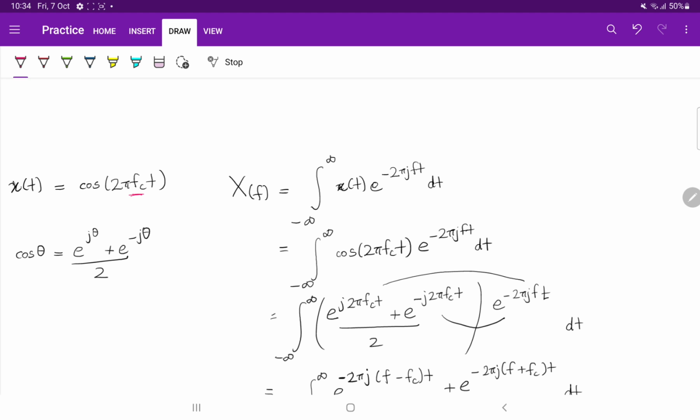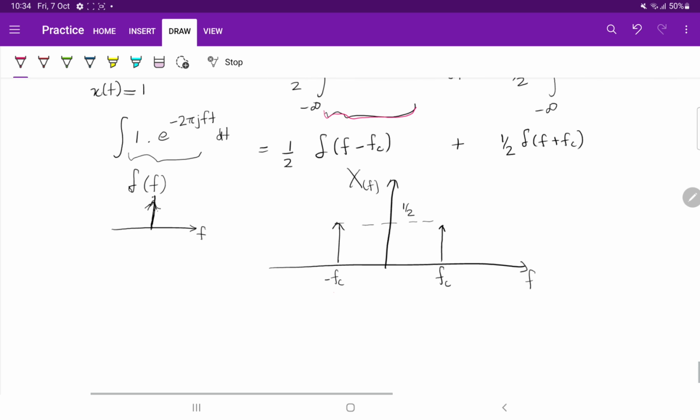So actually you can easily get the idea from this. Here you can see the frequency of that cos wave. When you do the Fourier transformation, as we already learned, it gives the frequency content of the wave in the frequency domain, which means here you can see the frequency is fc, and for other frequencies it's 0.